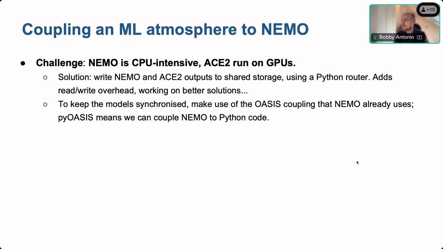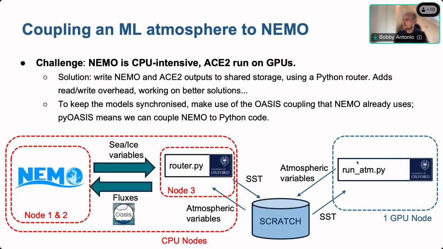So for the first challenge, because NEMO is CPU intensive and ACE runs on GPUs, the best solution we could come to is this. I'll talk you through this diagram. We run NEMO on the CPU node, that's what these red dashed lines indicate.